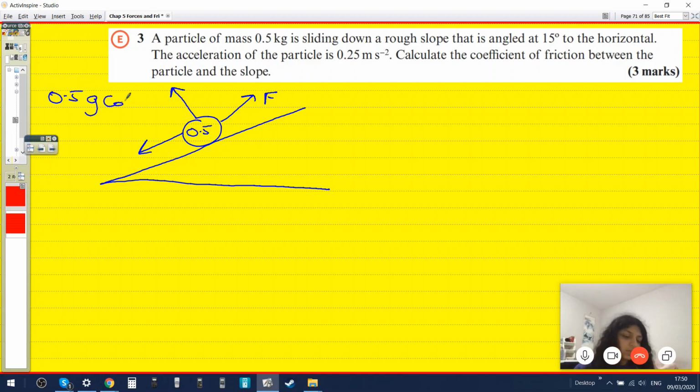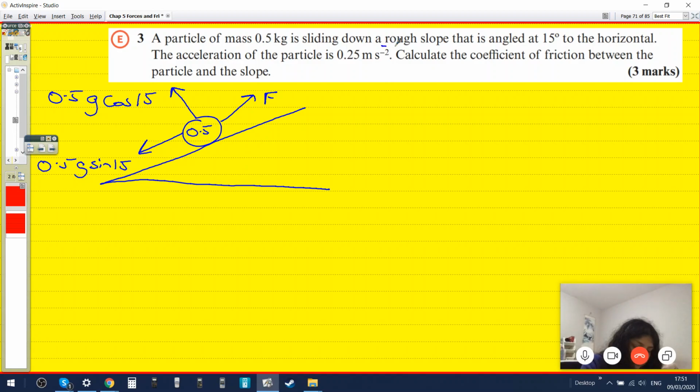And this force is 0.5g sine 15. See, you know what F is as well, so I don't understand why you can't put it in. And friction? Oh, you don't know what F is. No, you do not. That's why. I'm so bad at this.